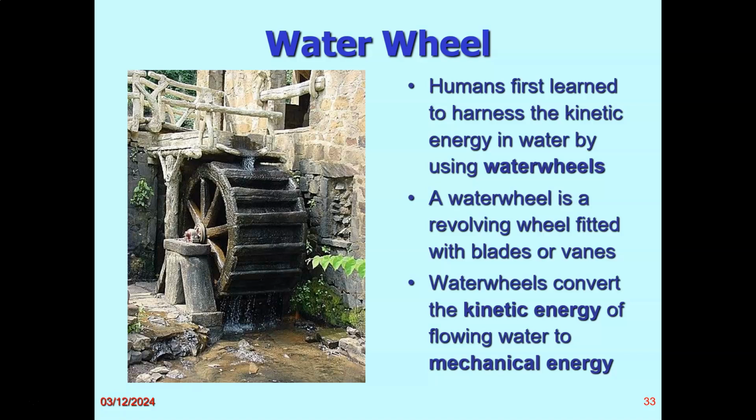As for wind turbines, we also have the same counter example, which was represented by water wheels. The water wheels were exploiting the weight of the water for rotating the wheel. A water wheel is a revolving wheel fitted with blades, called blades or vanes.